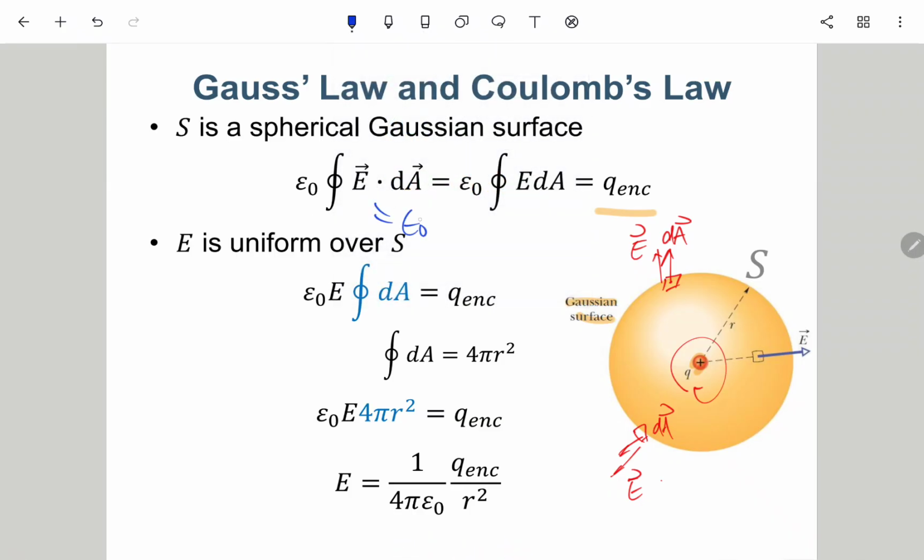This is epsilon naught integration E times dA cosine of 0 degree. Cosine of 0 degree is nothing but 1, so it is E times dA. I just ignore the dot here.